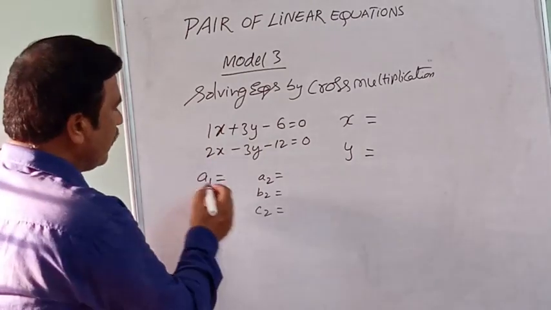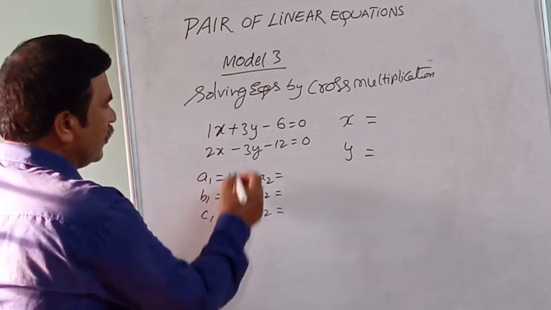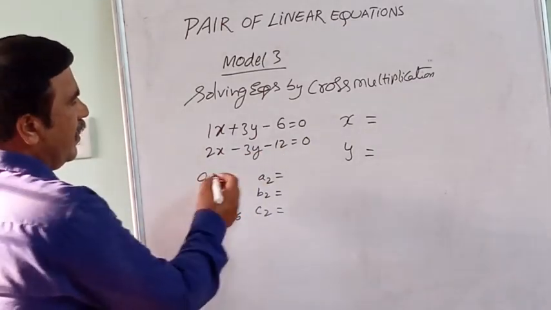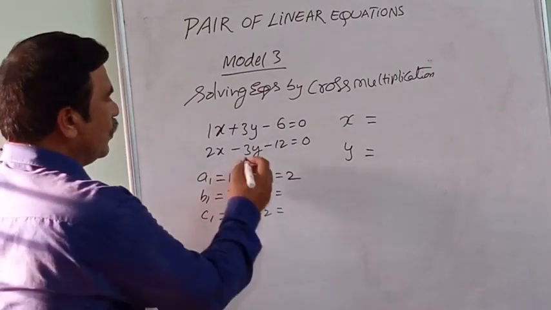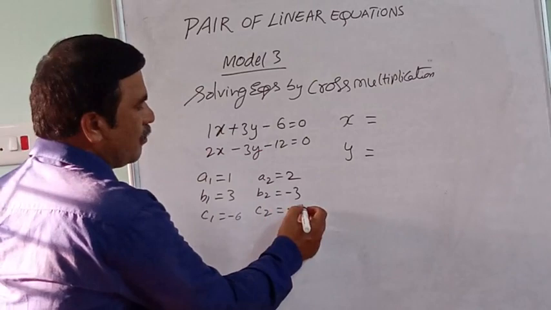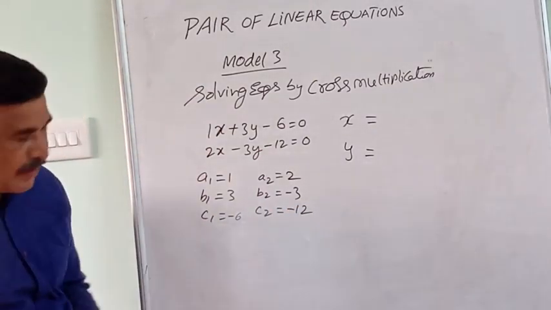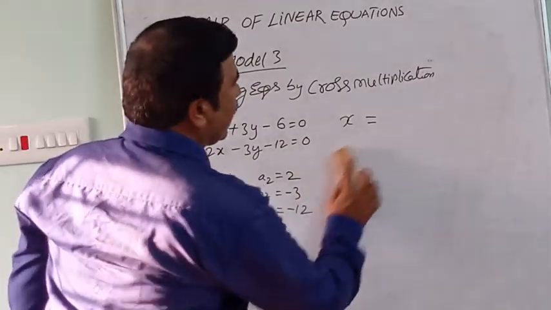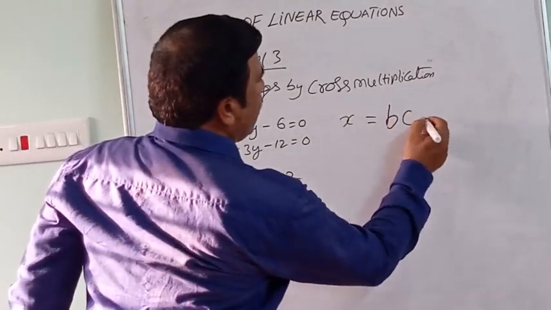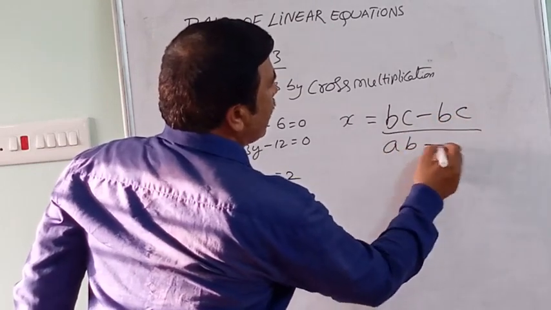See here this problem: a1 is equal to 1, b1 is equal to 3, c1 is equal to minus 6, a2 is equal to 2, b2 is equal to minus 3, c2 is equal to minus 12. Now the x formula you can remember, an easy technique. See here, BC minus BC by AB minus AB.